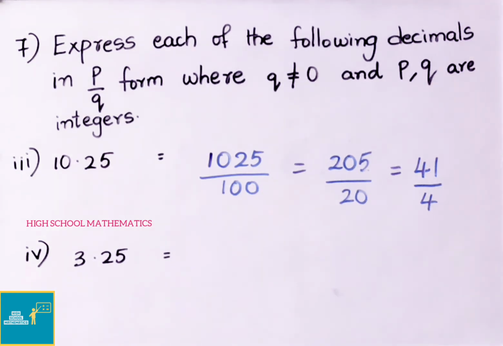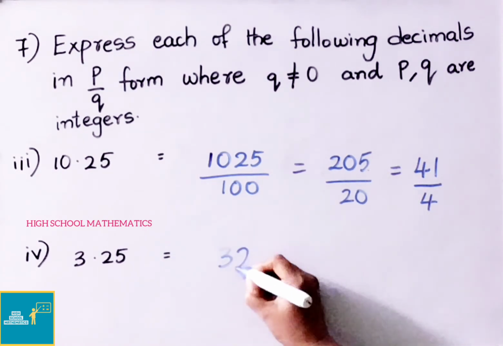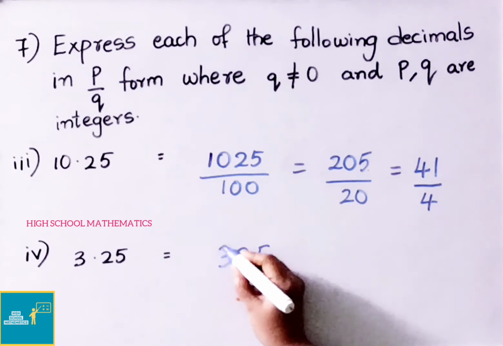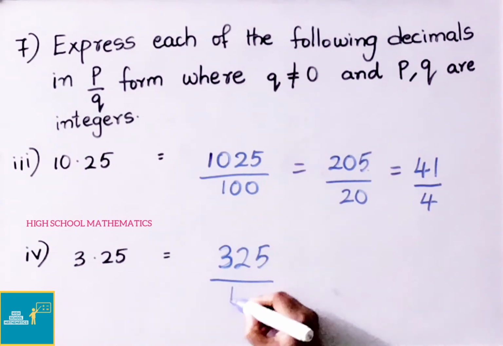See now fourth sum, 3.25. Now we have to convert this decimal number to P by Q form. So remove the decimal and write the number 325. Here decimal after 2 digits were there, so write 100 in the denominator.